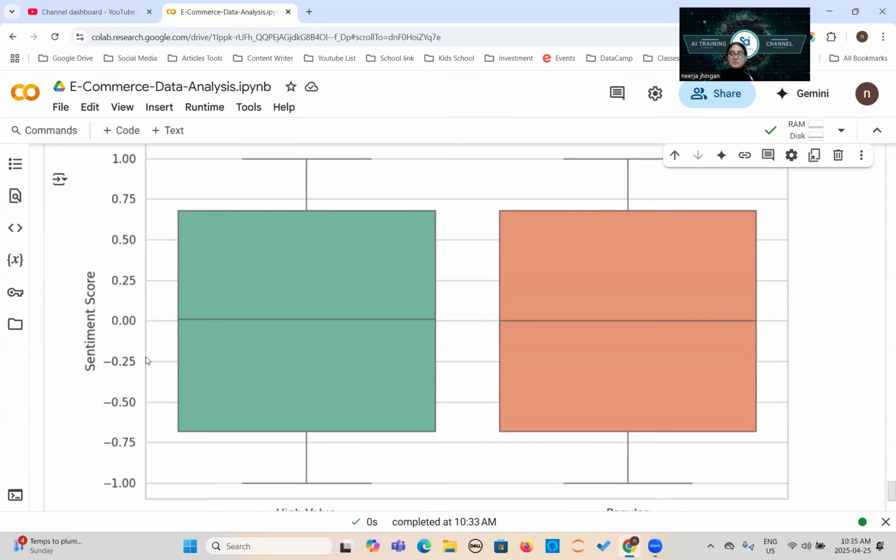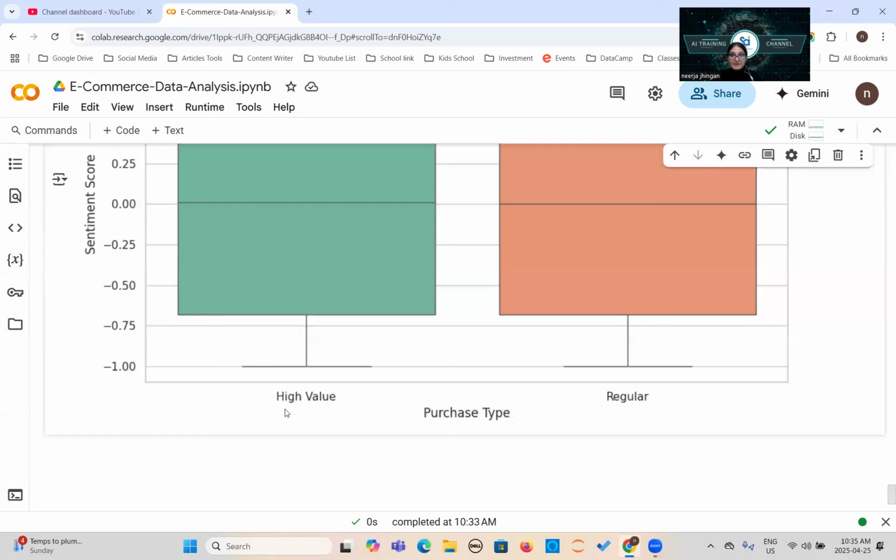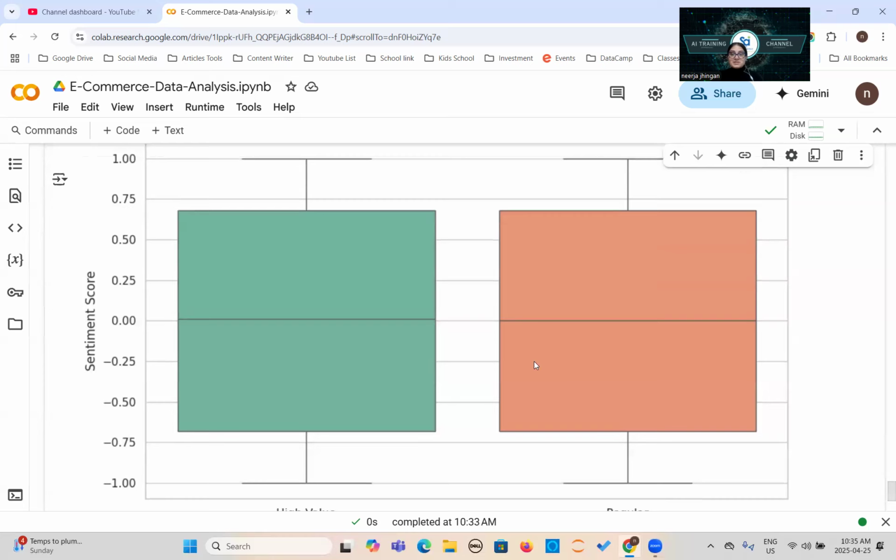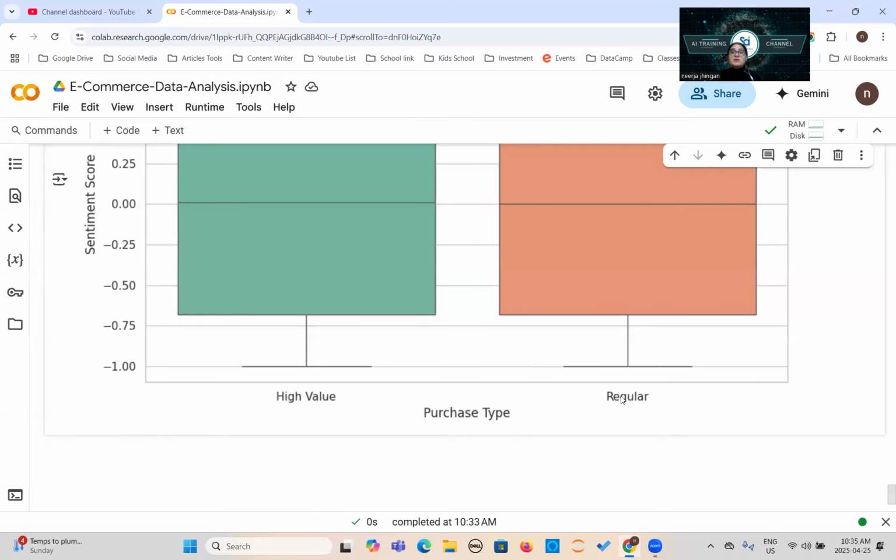But there are some people who are not happy with the high value purchase product. And on regular prices also, some people are not happy with the regular priced products too. This means your stakeholders now need to focus on what those regular priced products are where customers are not happy, so they can work on that brand and product too.